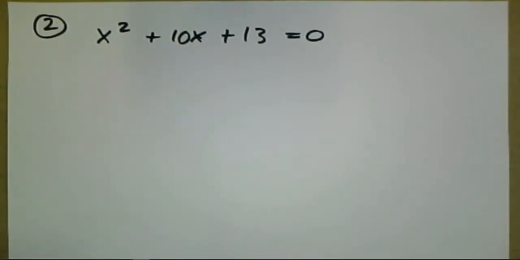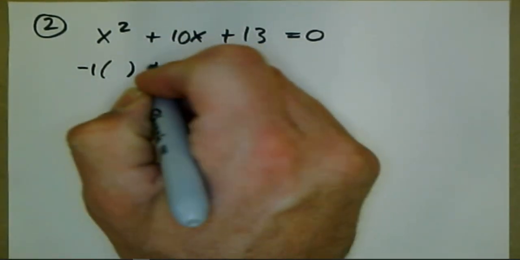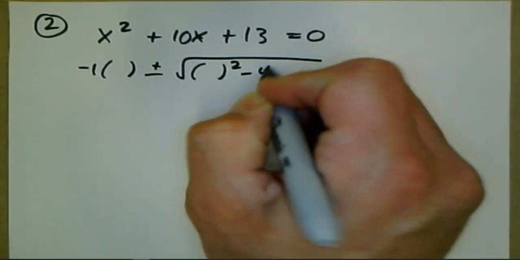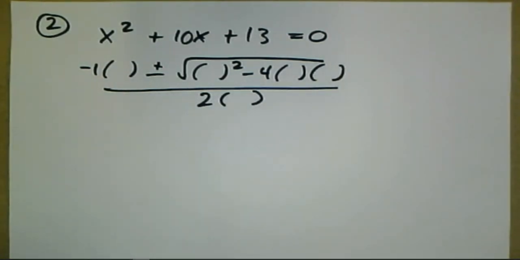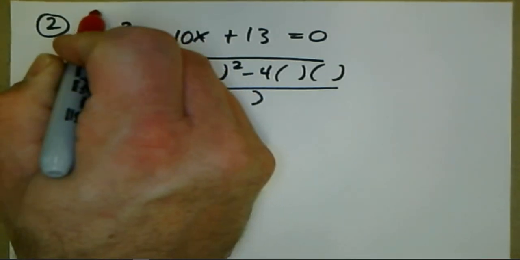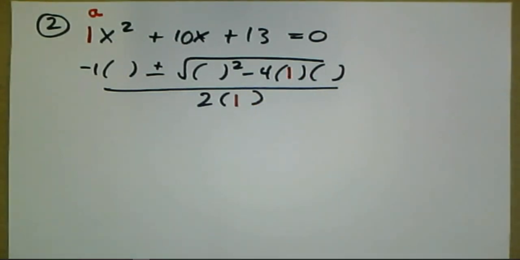Let's look at this one. So I am not going to write the formula, I'm just going to break it apart. Remember, there is a 1 in front of here, and that is the A. So I'm going to go to my A, which is right here and right here.